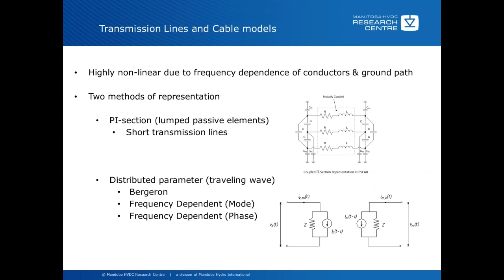So pi section is the simplest way of modeling a transmission line, consisting of lumped passive elements, and usually pi sections are used to model short transmission lines. There are three distributed parameter models: Bergeron, frequency dependent mode model, frequency dependent phase model. So in the next few slides, I would like to discuss these three one by one in detail.